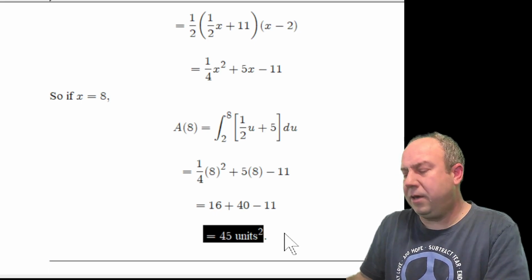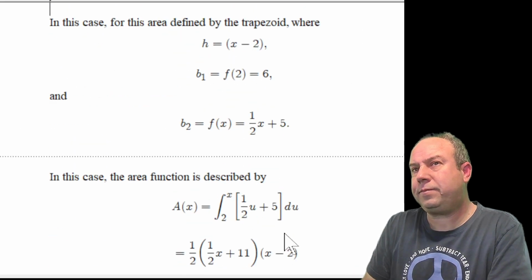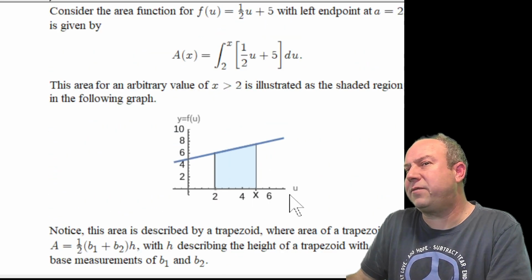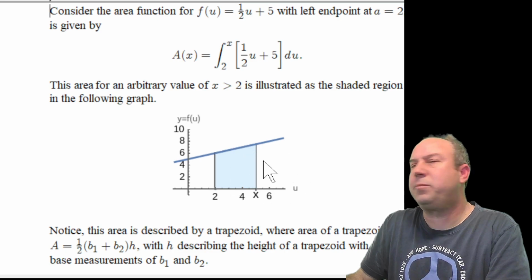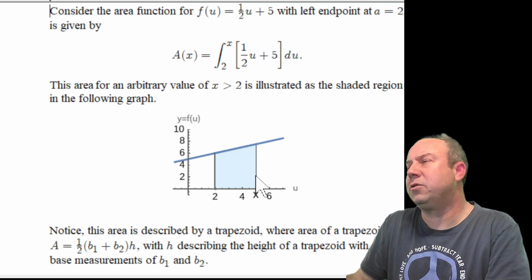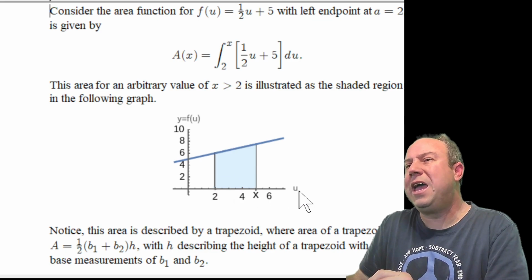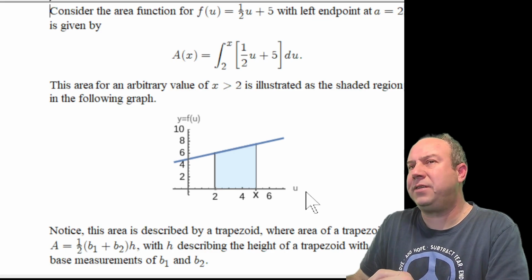Right? If we were to stop this x value down here at 8, there would be 45 square units of space underneath this, well, trapped by this graph, starting at the value of 2 and ending at that value of x equal to 8.